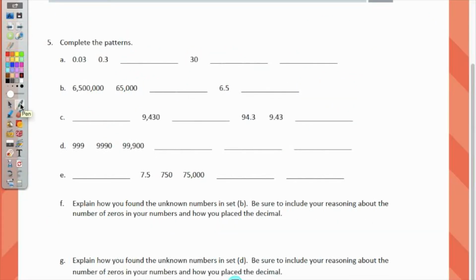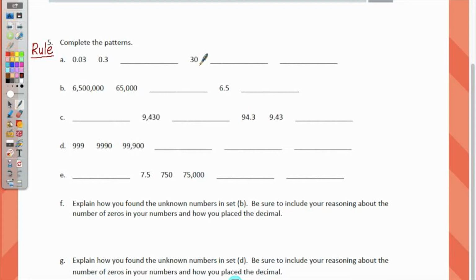All right. So it says complete the patterns. Before we can complete patterns, we've got to figure out the rule for each pattern. So write rule down with your pencil. Are these numbers getting larger in value or smaller in value? Larger. How'd you know so quick, David? Because the decimals have less digits in the decimal place value.